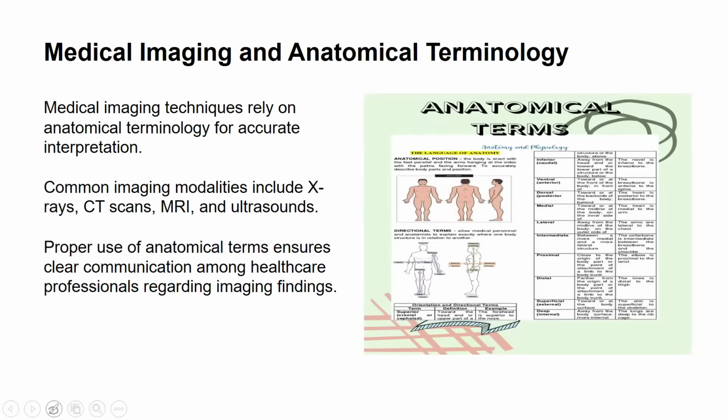So now the next thing is medical imaging and anatomical terminology. There are terminologies that are used in medical imaging. Medical imaging techniques rely on anatomical terminology for accurate interpretation. During or after imaging, the best way to have an accurate interpretation is to know the anatomical terminology.